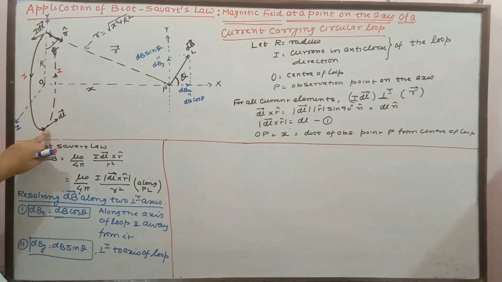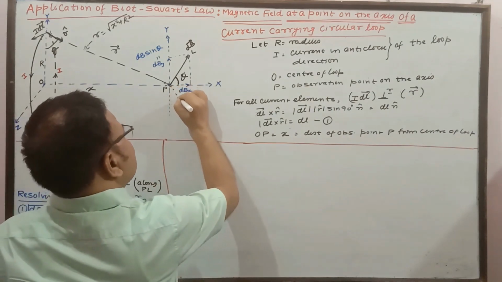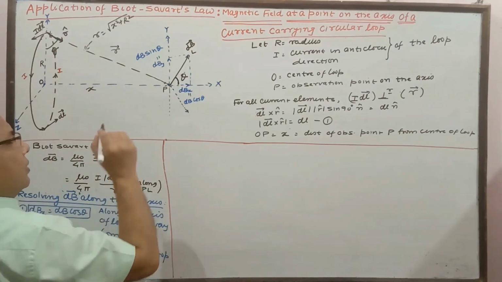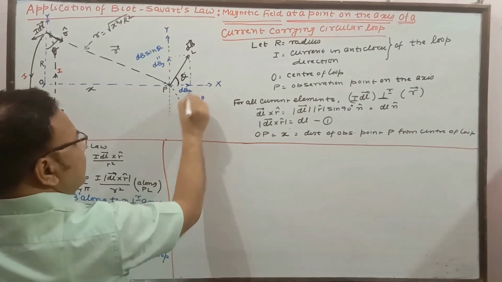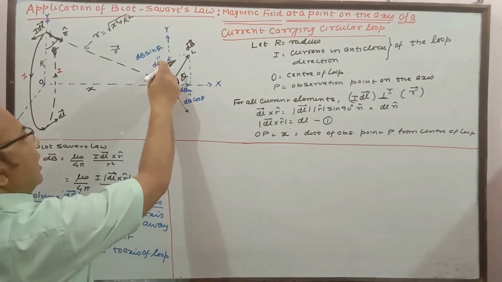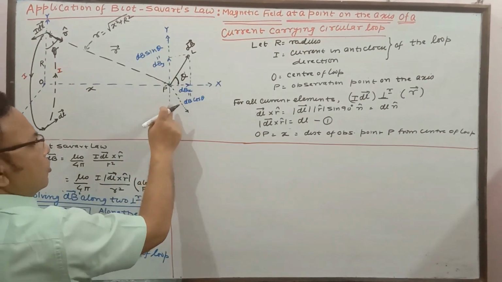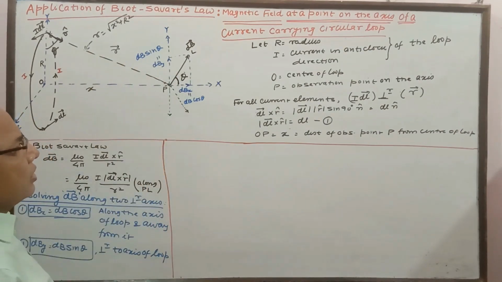Similarly, if we go for another current element at the diametrically opposite end, what we see, the magnetic field here is along this. In the same way as what we had seen here, it also has two components after resolution, one along the x-axis, one along the y-axis. This y component has the same magnitude as that of this, but opposite direction. So this dby and this dby are equal in magnitude but opposite in direction, so cancelled out.